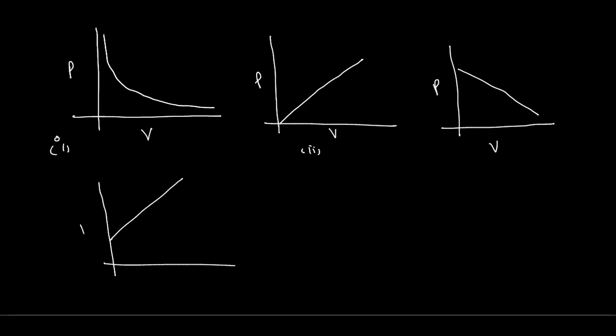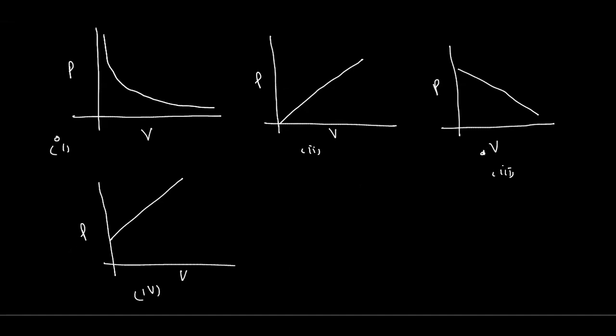The third one, the fourth one, P and V. Let's take the four options only. So which graph do you think is the correct graph for the PV relationship?